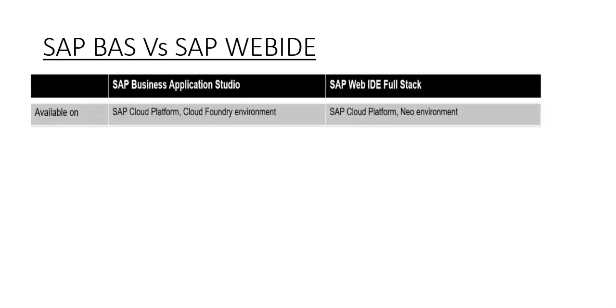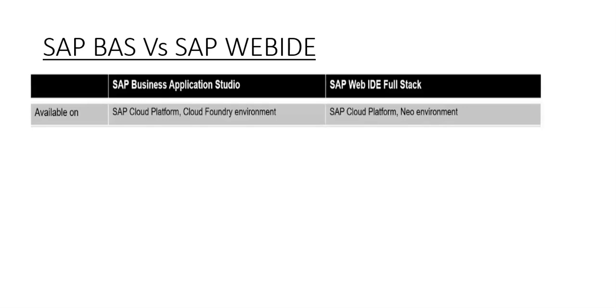SAP Business Application Studio is available on the SAP Cloud Platform, Cloud Foundry environment only. The new environment is not going to be available from November onwards. The Web IDE is based on that. We'll discuss how we can import all the applications from Web IDE to the Business Application Studio, how we can work full-fledged with the Business Application Studio, and what pros and cons we have with it.